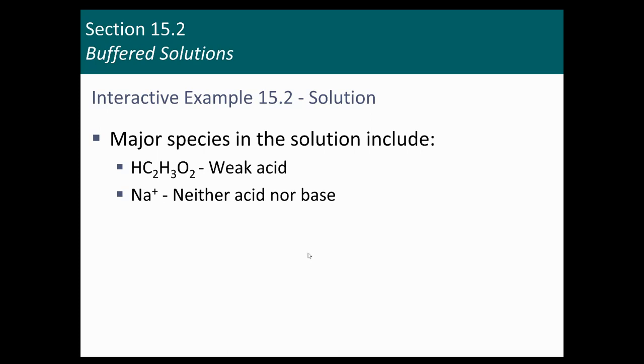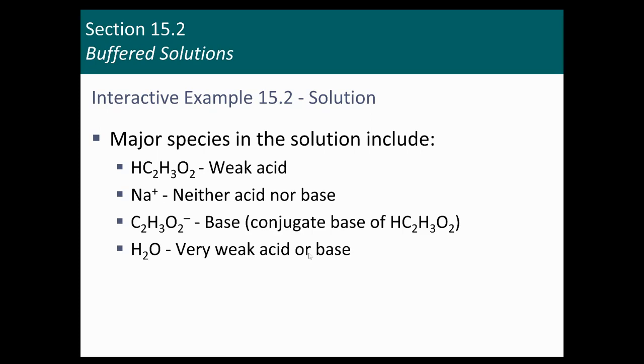And this is looking at what I just said, which is that we have our weak acid, which we'll call HA. Na+, either acid or base, that's just a spectator. Acetate is our conjugate base, A-. And the water is present in the ionization equation, but we are concerned with the weak acid's ionization for the pH.